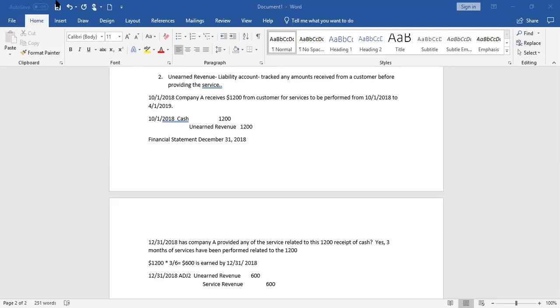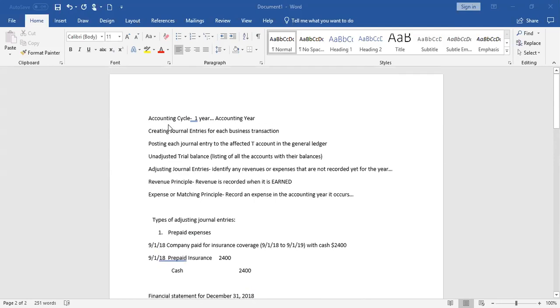So they give us an unadjusted trial balance. So let me go back up to what we started talking about at the very beginning of class. We said this. We're doing the accounting cycle. We're creating journal entries. Well, your author already did that for Guthrie Inn. Your author already posted all the journal entries to the T accounts.